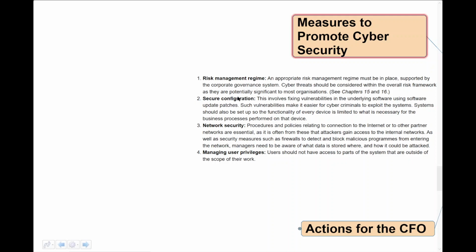In terms of secure configuration, we're talking about checking, making sure that vulnerable areas are checked on. Outside of that, when we think about access, obviously the internet provides a means or a mode of access, so we need to be careful about that. And then in terms of privileges, people should only be able to access what's relevant to them and nothing else.